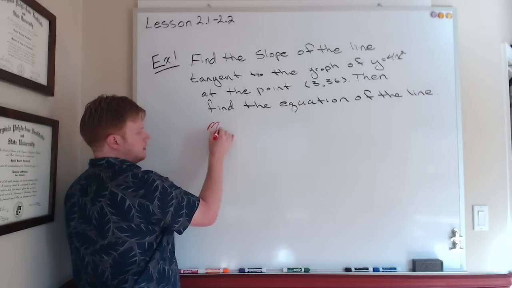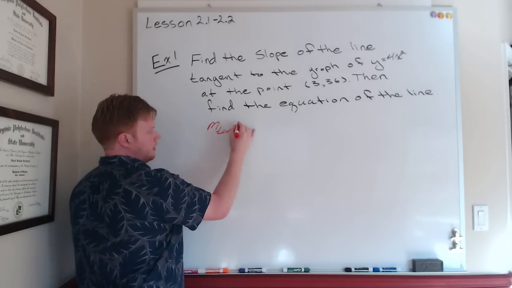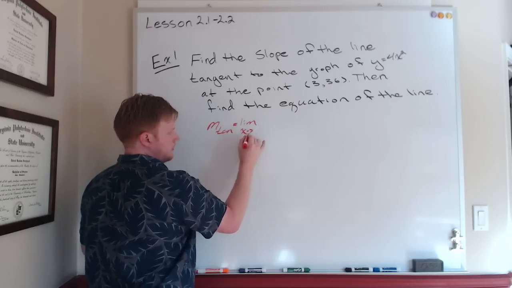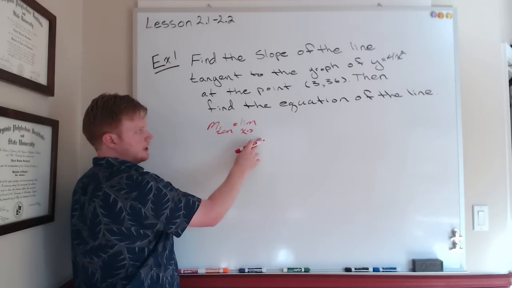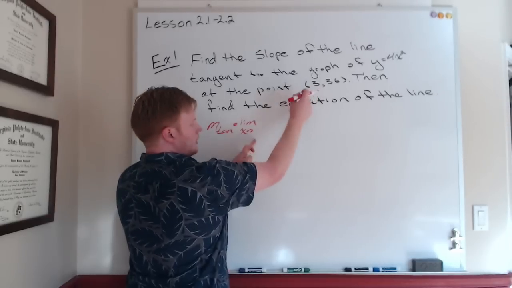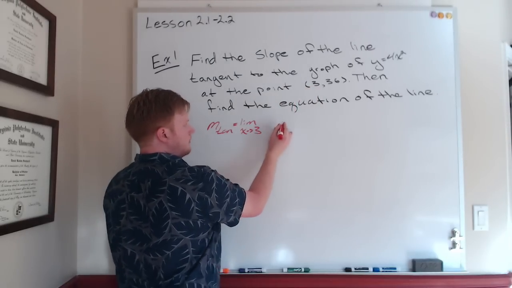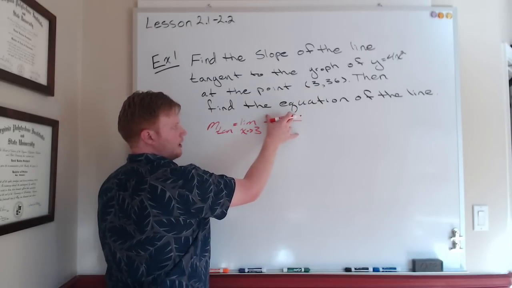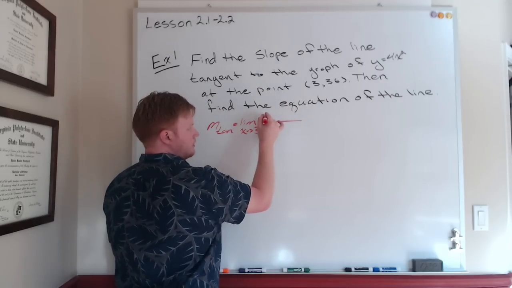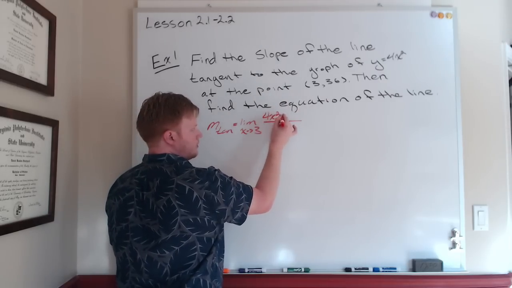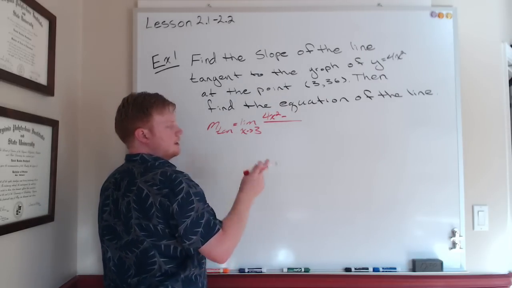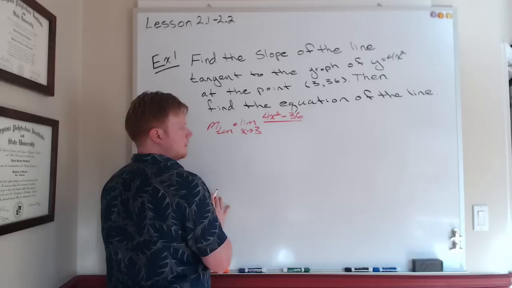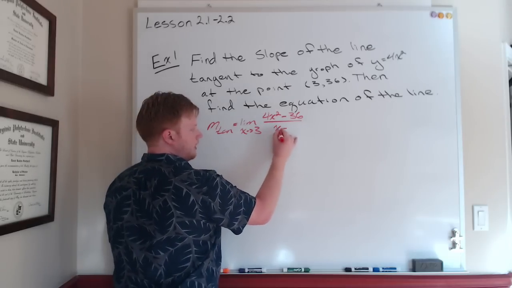So remember, the slope of a tangent line is a limit. The limit as x approaches x naught, and in this case x naught is 3, of the difference in my y values, which is 4x squared minus f of x naught, which is 36, divided by x minus x naught.